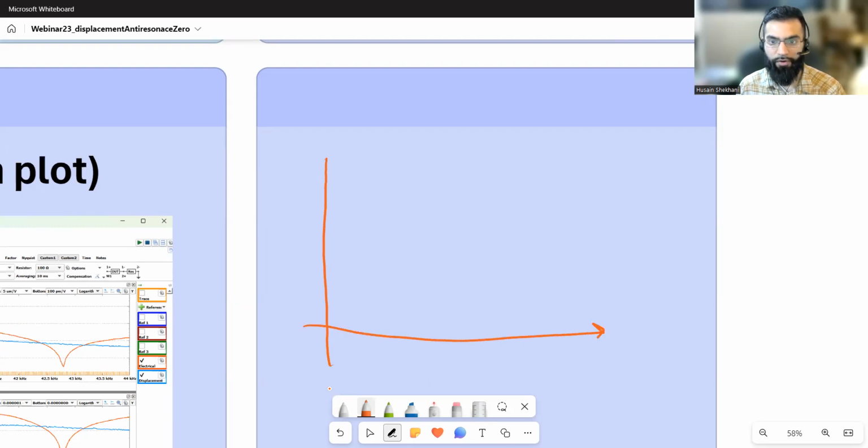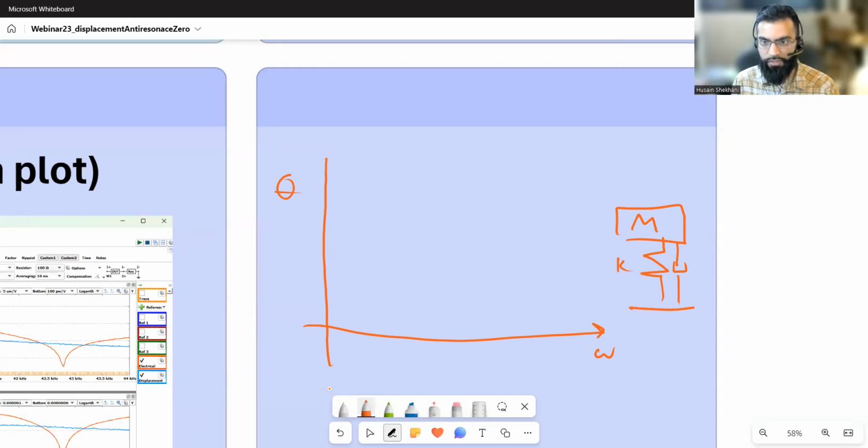So if you have that resonator, and we're using phase, and you just describe a very simple mass spring damper. Say a mass, you have K, and you've got that dash pot here. In this case, the forcing function is equivalent to the voltage times the piezo constants or something.